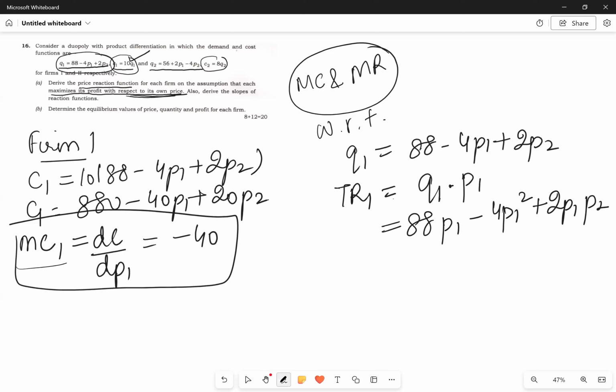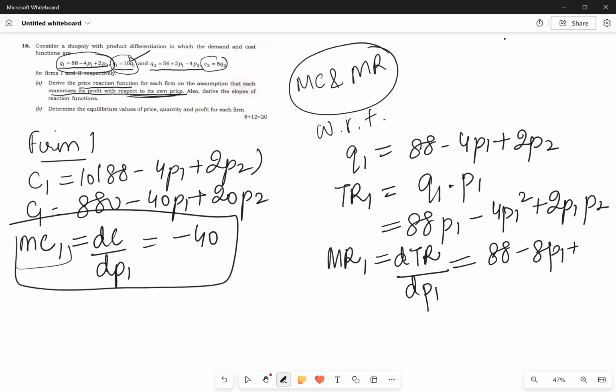And if we have to equate marginal cost and marginal revenue, we have to find marginal revenue for firm 1, that will be dTR with respect to the price. So this will be equal to 88 minus 8P1 plus 2P2.